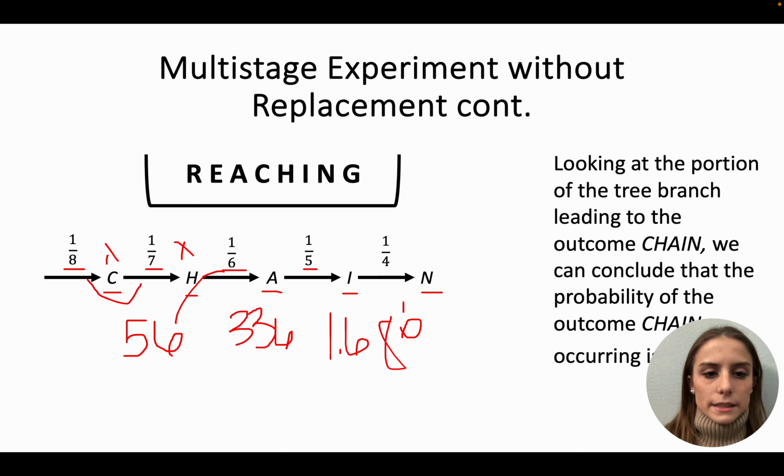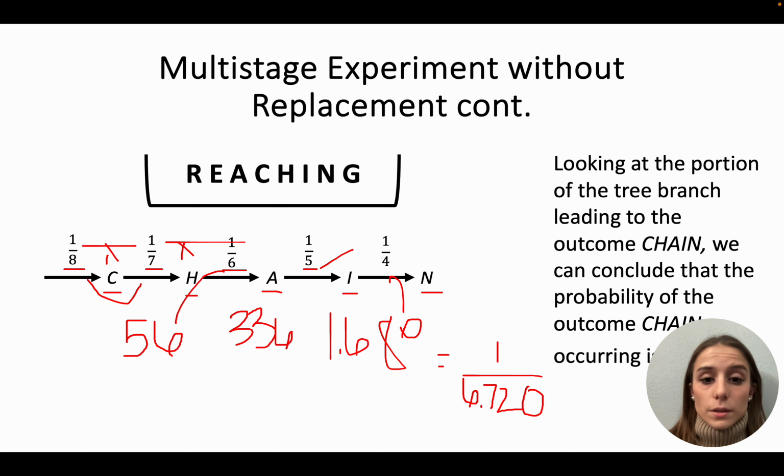And then we'll do that times 4, and that's going to be 6,720. That's going to be our denominator. And we look at the tops, they're all 1s. So that is going to be 1/6,720, and that's our probability of the outcome CHAIN.